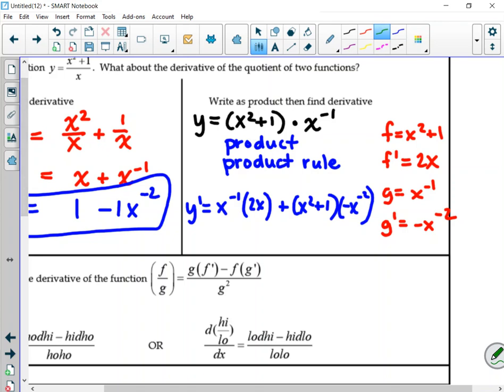Now, something that starts as a quotient that you rewrite as a product, you're going to get pretty deep into some negative exponents. That's what's going to happen on this one. F being x squared plus 1, f prime being 2x, that's not too bad. But if g is x to the negative 1, g prime is negative x to the negative 2.